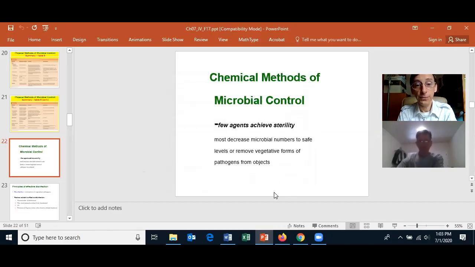Few agents achieve sterility when we're using chemical methods of microbial control. Most simply decrease the microbial numbers to safe levels. They may remove vegetative forms of pathogens, meaning the parent cells. Few of the chemical methods remove endospores. Any question about that?